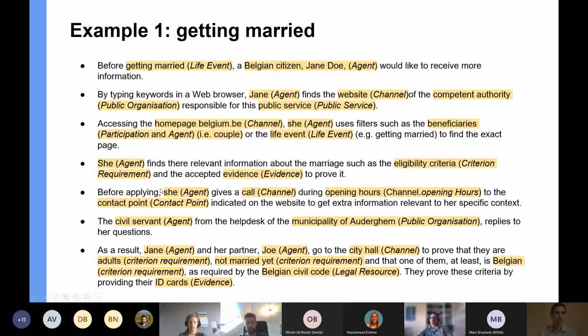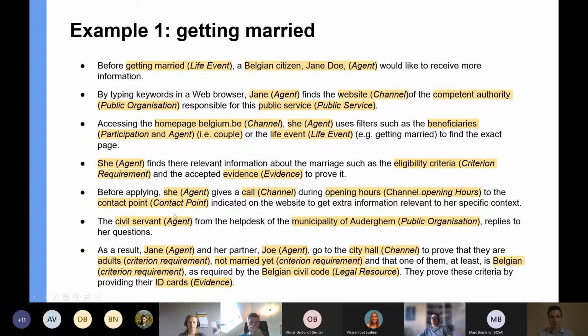Then before applying, she thinks, okay, I still have some questions. I would like to call a civil servant who will be able to help me answer my remaining questions. So she finds a phone number plus the open hours when she can call a specific person, and she does that, and the civil servant is able to reply to all her questions.